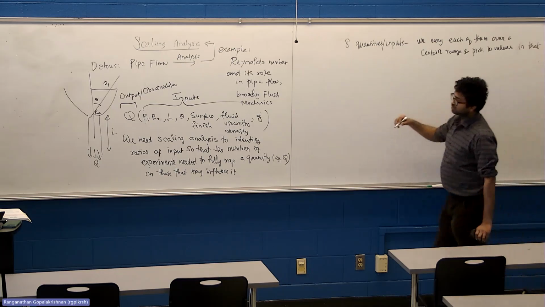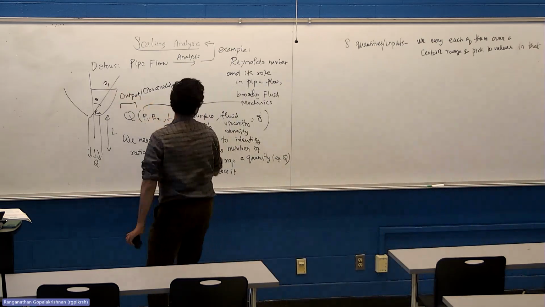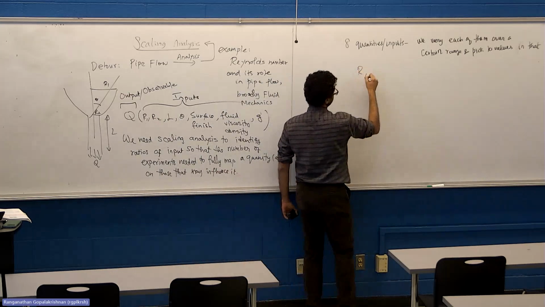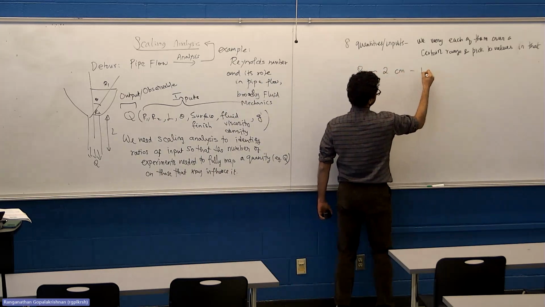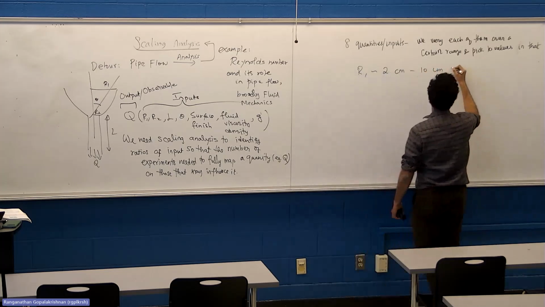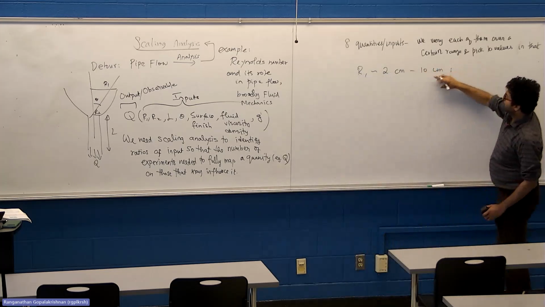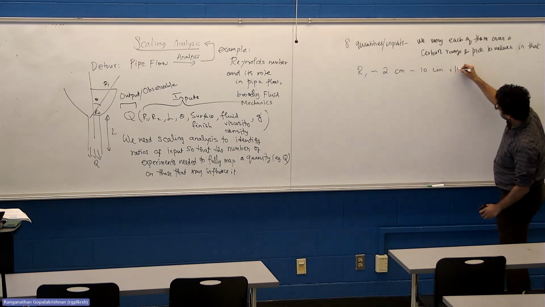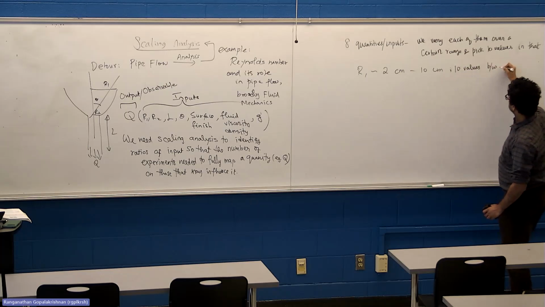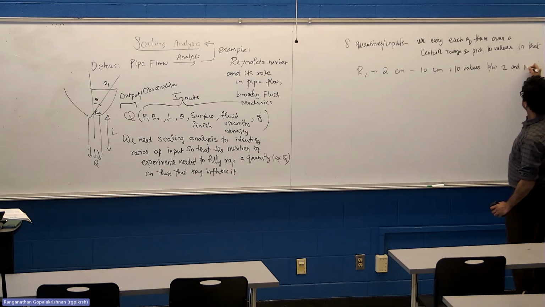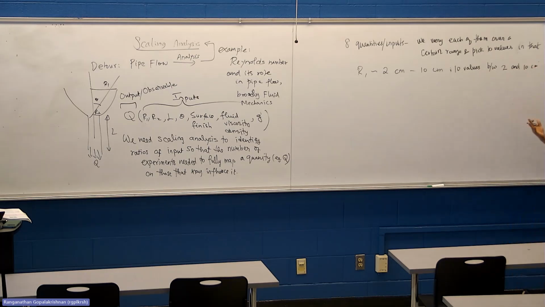What I mean by that is, let's say we take R1. Let's say R1 can realistically be between 2 centimeters and 10 centimeters, and I pick 10 values between 2 and 10 centimeters.